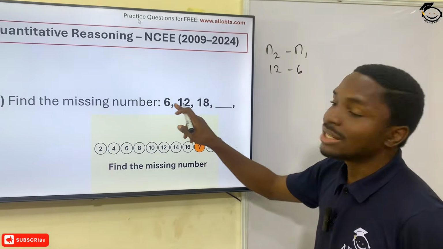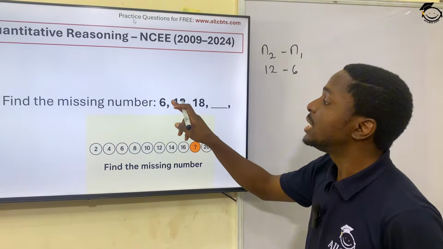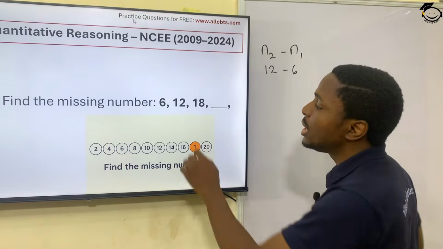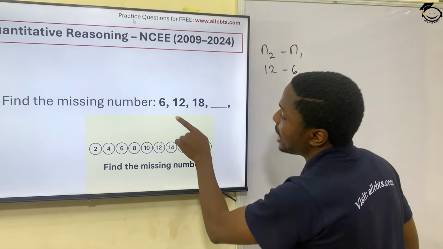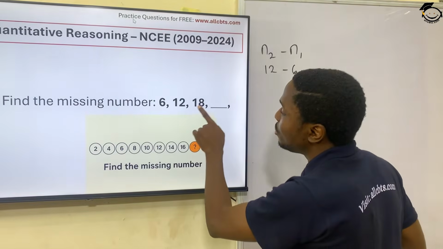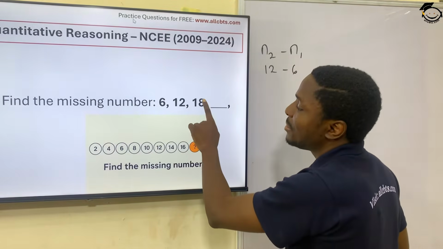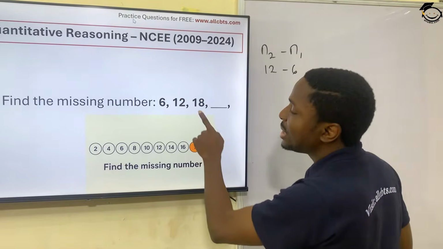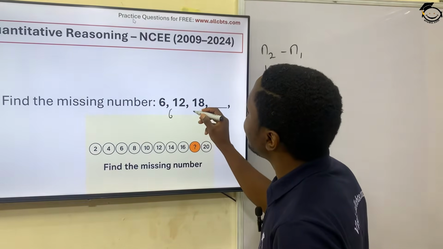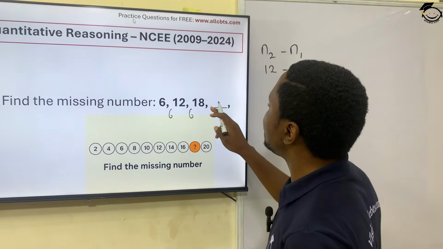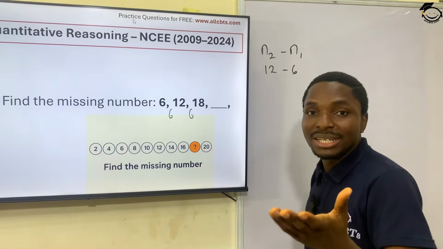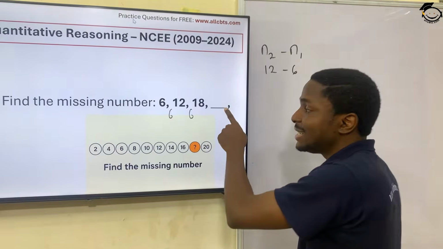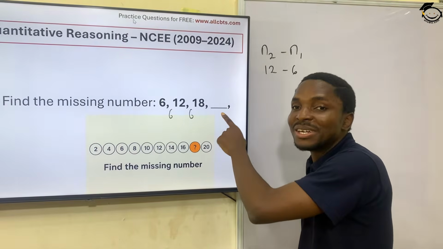That lets us know the difference between each of the numbers. 12 minus 6 gives us 6. Then we also check, does it work for number 3 minus number 2? Yes, we have 6 here and 6 here. If we have 6 in the first two, it is safe to say that the next one would also have a difference of 6.